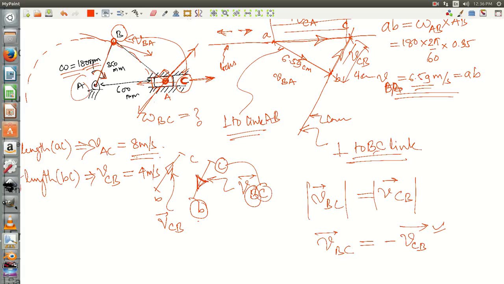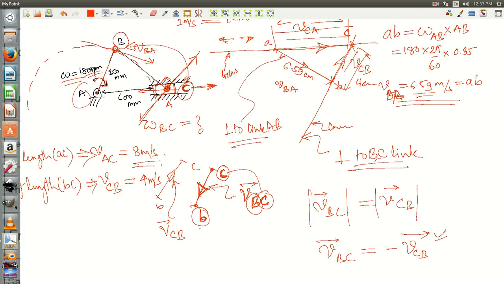So the starting point here is C, whereas the final point is B. That means you are observing the object B from the point C, so this is the velocity of body B with respect to body C.